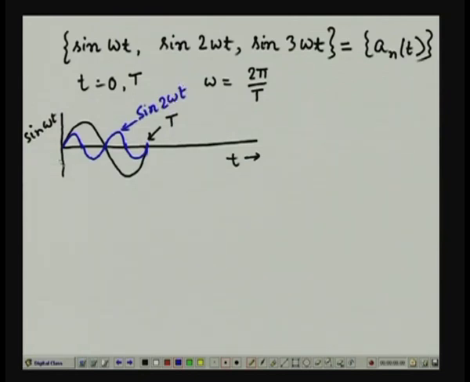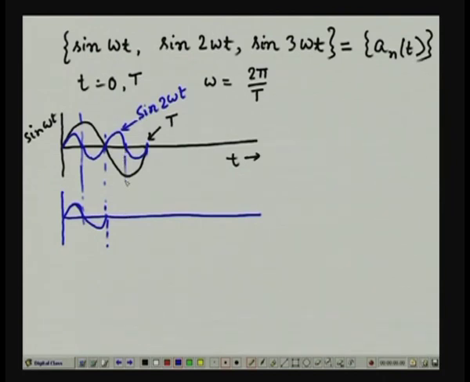Now, if I take the product of sin omega t and sin twice omega t in the interval 0 to capital T, the product will appear something like this. In this particular region, both sin twice omega t and sin omega t are positive, so the product will be of this form. In this region, sin omega t is positive, but sin twice omega t is negative, so the product will be of this form.